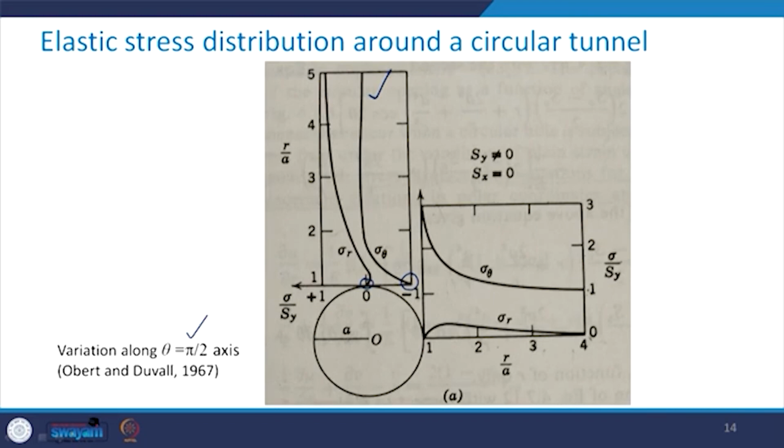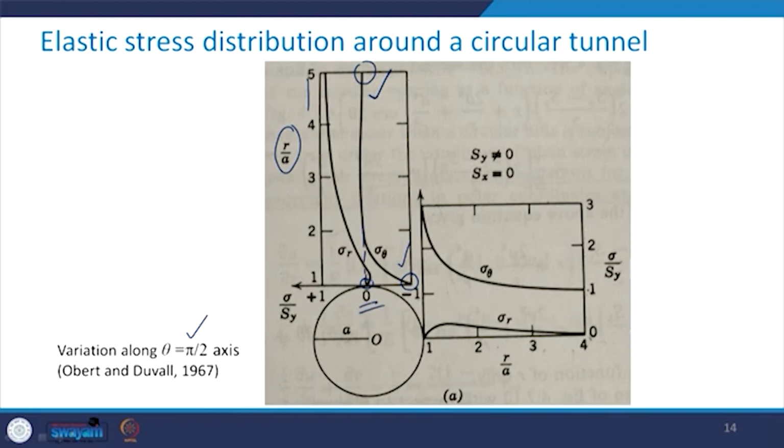We saw that the stress concentration factor was coming out to be minus 1, and that is what has been represented in this figure. And when r by a becomes equal to 4 to 5, sigma theta is approximately equal to 0.